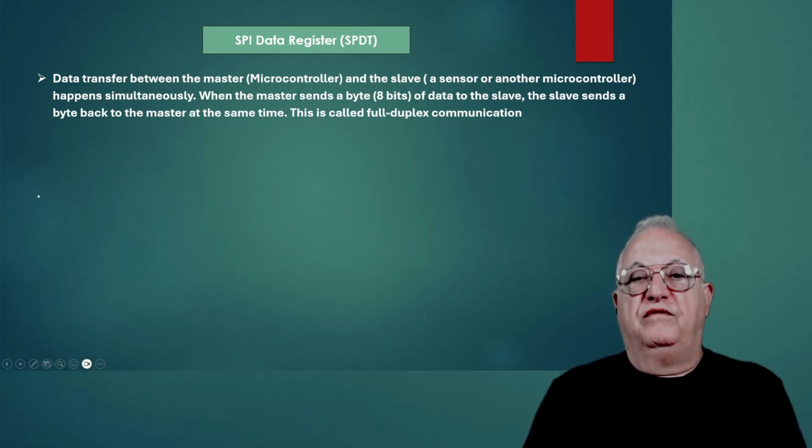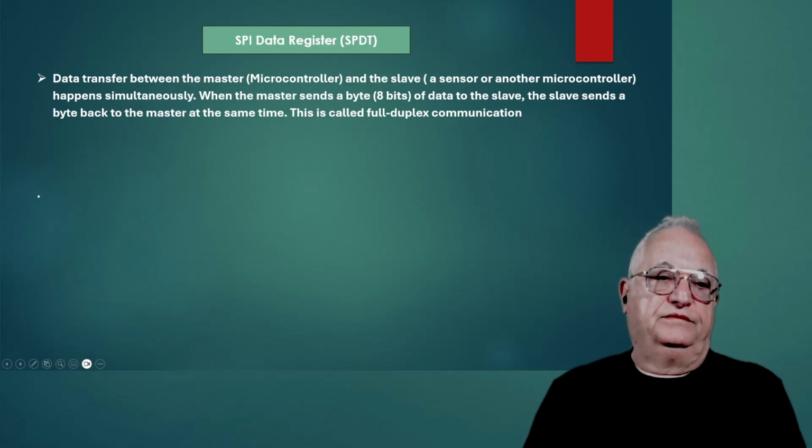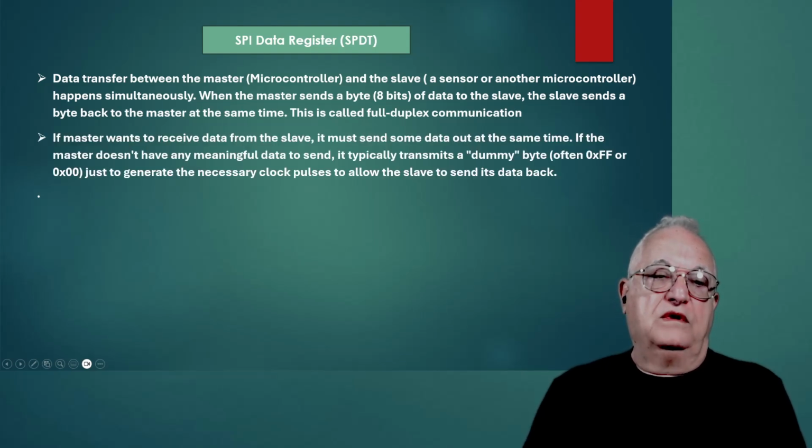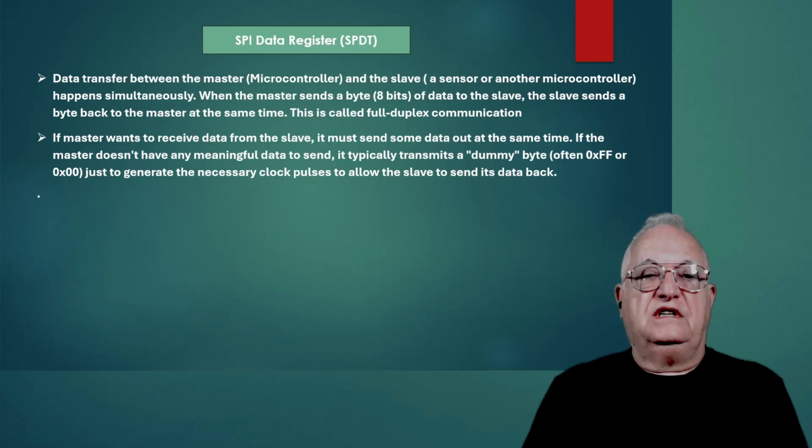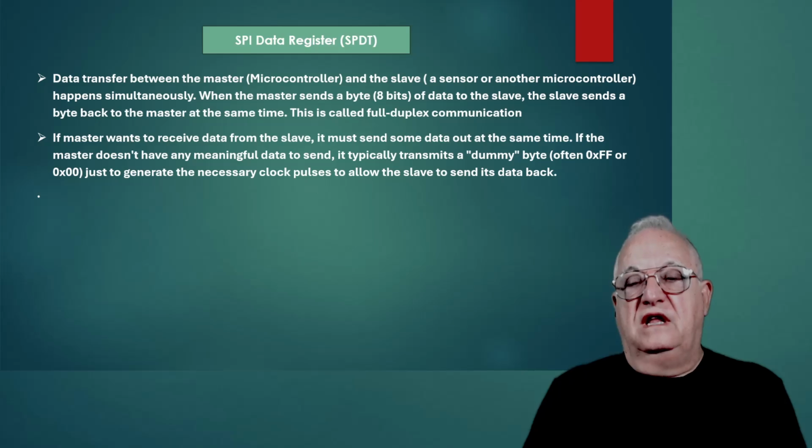This is called full duplex communication. If the master wants to receive data from the slave, it must send data out at the same time. If the master does not have any meaningful data to send, it typically transmits a dummy byte, often FF hex or 00, just to generate the necessary clock pulses to allow the slave to send data back.